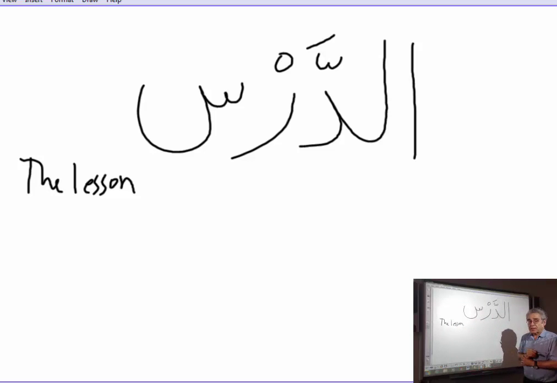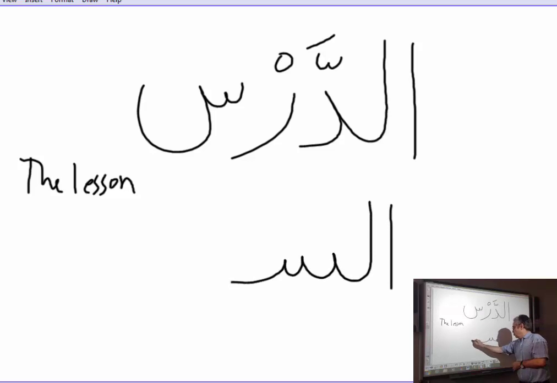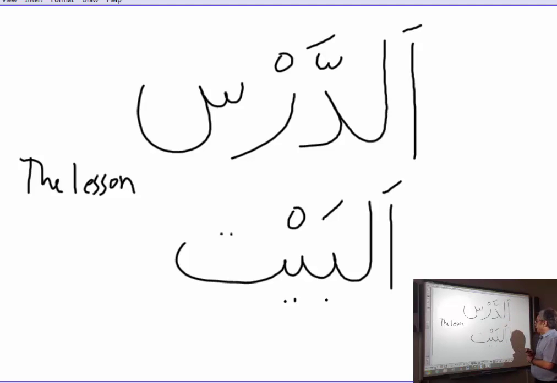Second word, البيت. Ba, here, the initial letter.